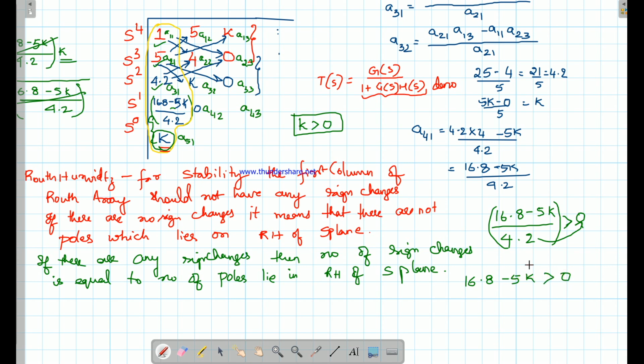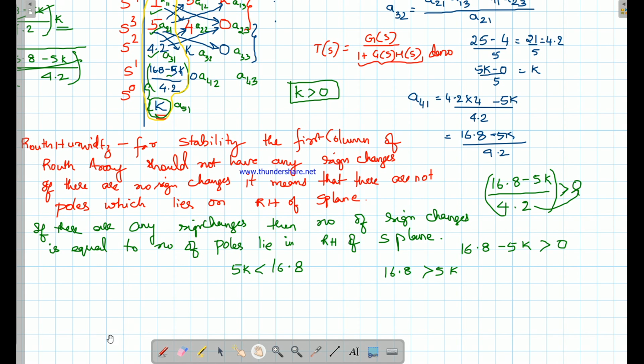If I move the minus 5k to the right hand side, I can easily say that 16.8 should be greater than 5k, or 5k should be less than 16.8.